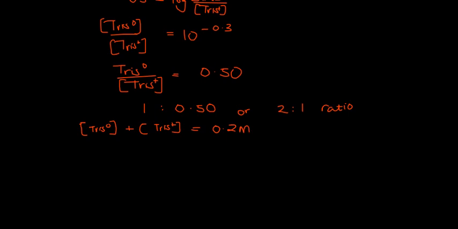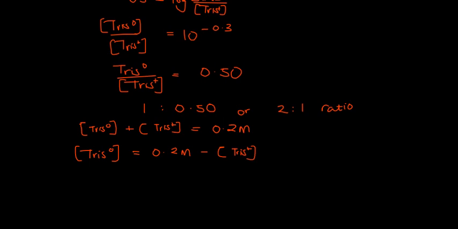From the question, the buffer had 0.2 molar. So if we combine the base with the acid, we get 0.2. We can make this the subject of the formula. The base will be equal to 0.2 molar minus the concentration of the Tris acid.